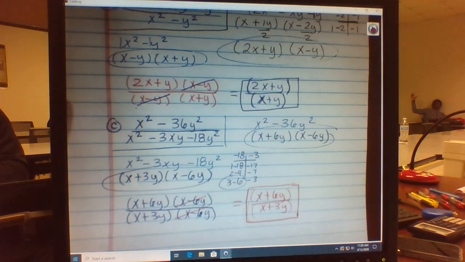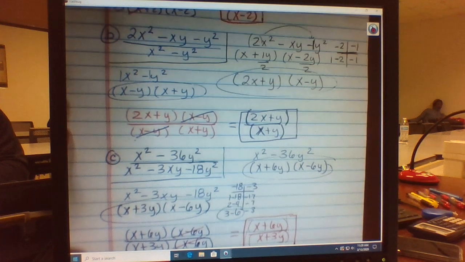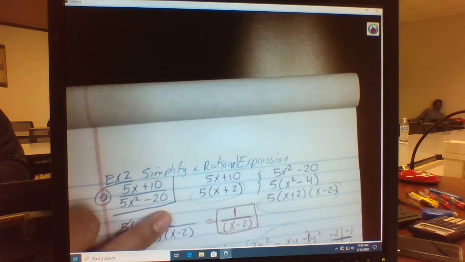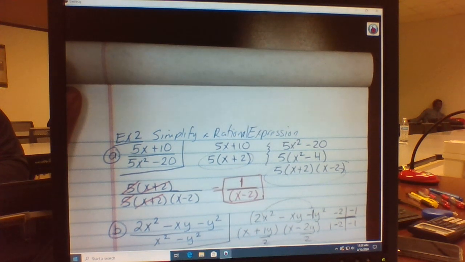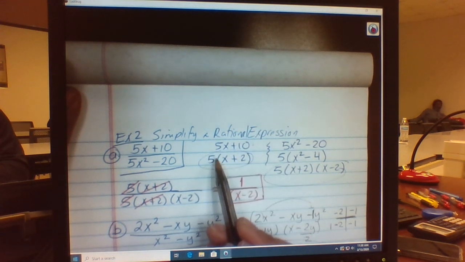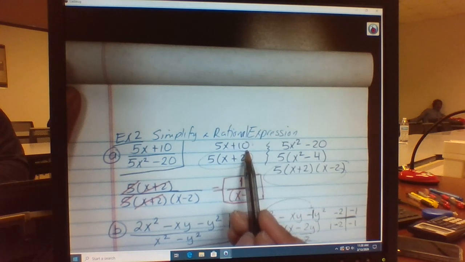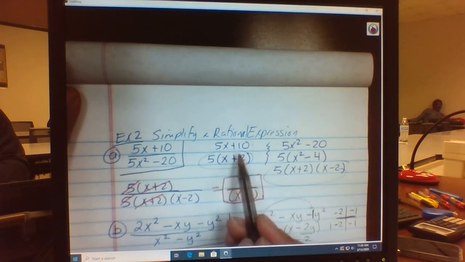Alrighty, yes, sir. Can we go back to the other examples? 5x plus 10 over this one? I get how you got the answer. The only thing that these had in common was a 5, so I factor out 5 from both of those. If I take 5 out of 5x, I have x. 10 divided by 5 is 2.